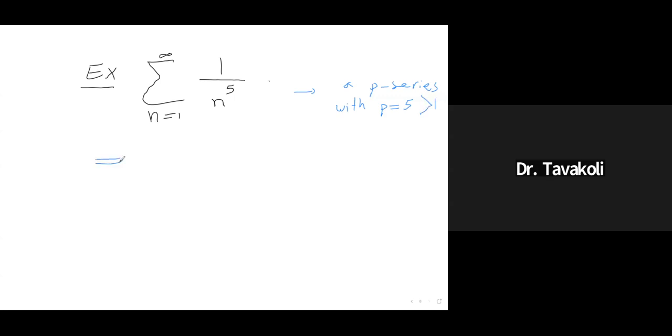Therefore, by the p-series test, sigma of 1 over n to the power of p, from 1 to infinity, is convergent because that p is 5 and is more than 1.